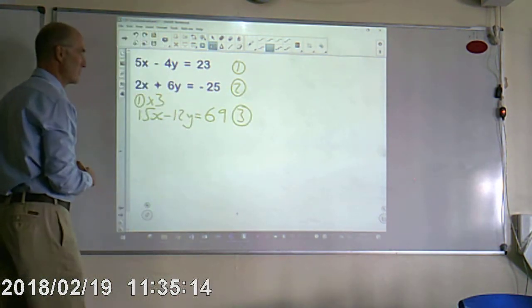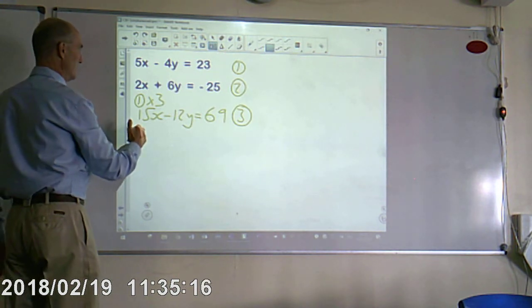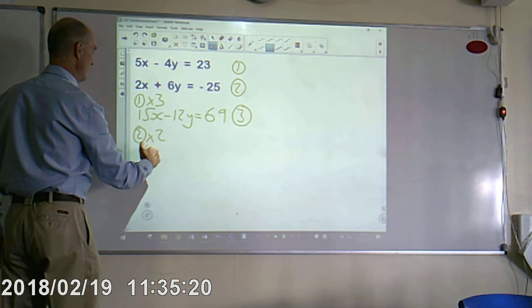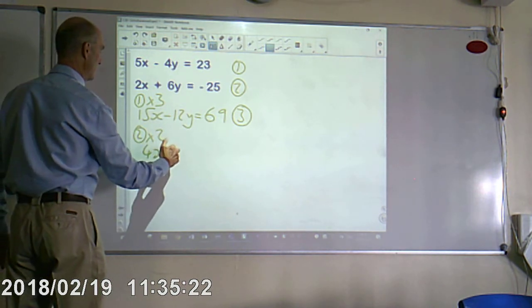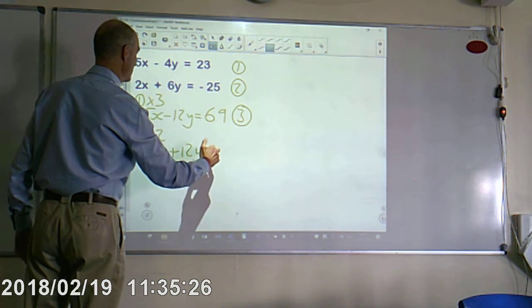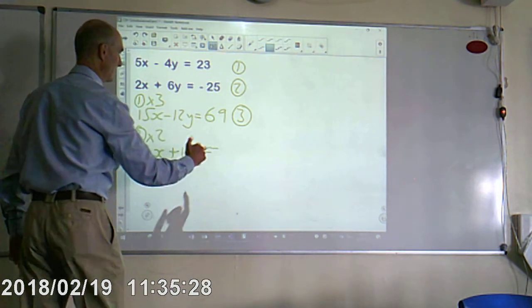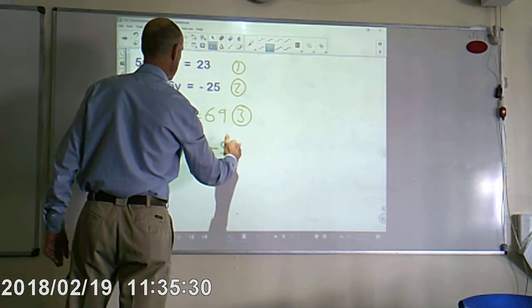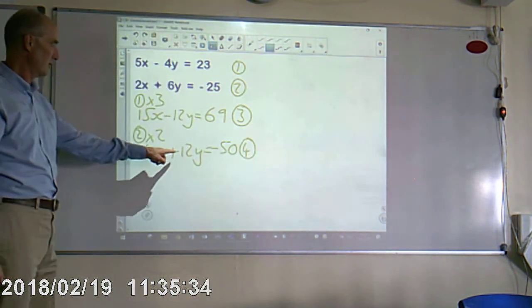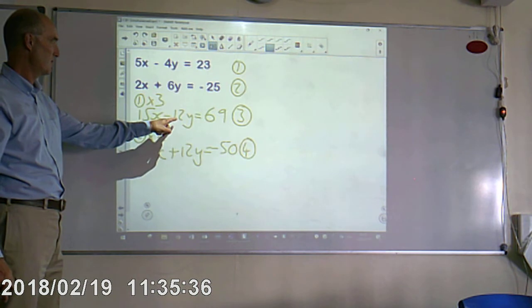So I'll create a new equation, we'll call that 3. Equation 2 multiplied by 2, so 4x plus 12y equals minus 50. New equation. So I've now got positive 12y, I've got a negative 12y.